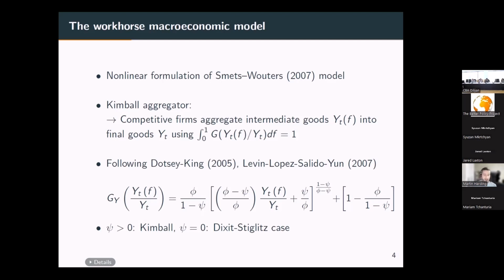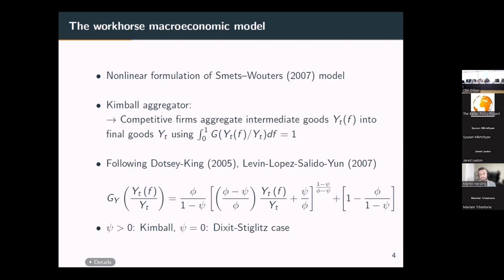Okay, and why we choose to follow this approach is that this gives you a very nice formulation of the aggregator where when psi is larger than 0, you are in the Kimball world. But if you set that psi equal to 0, you are back to the Dixit-Stiglitz case. So this formulation of the Kimball aggregator embeds the Dixit-Stiglitz as a particular case.